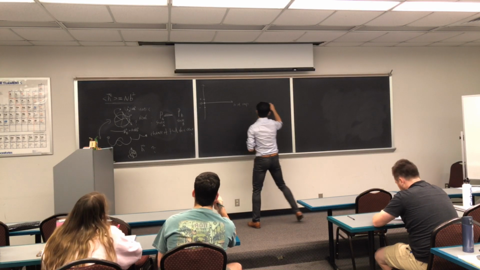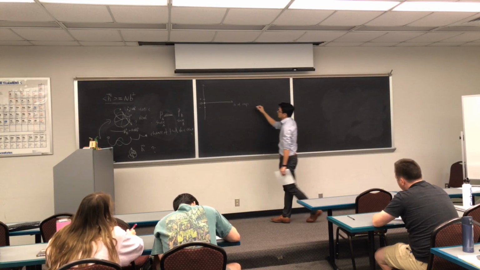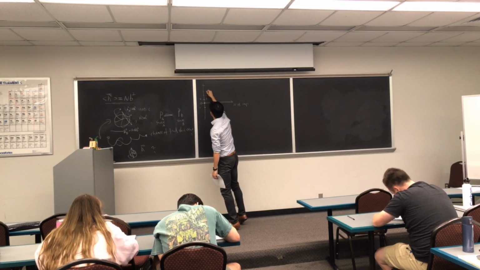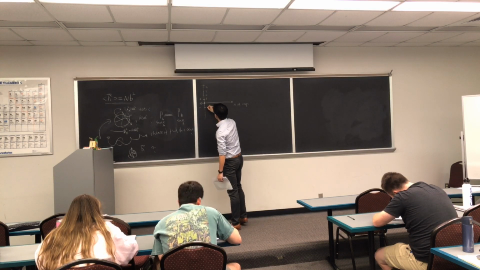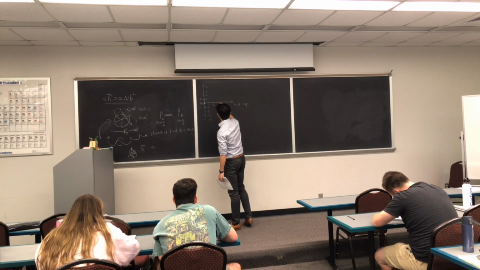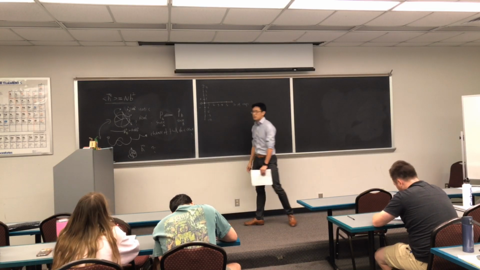If I draw another table here, this would be 1, 2, 3, 4 in terms of the y-axis, okay? And you take 1, 2, 3, 5 different steps.